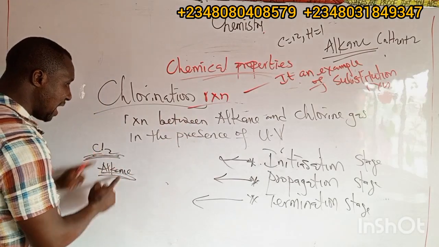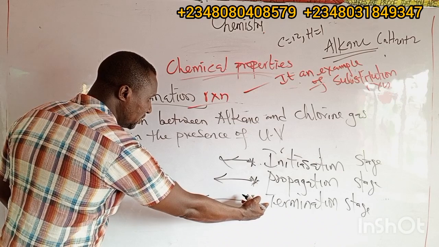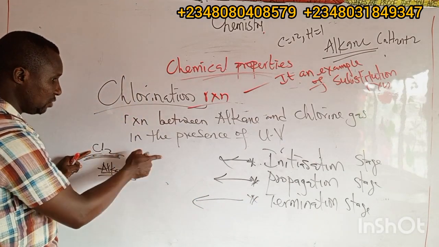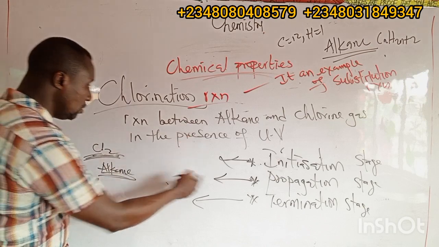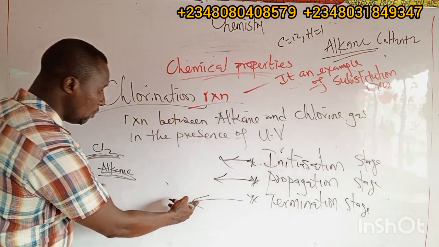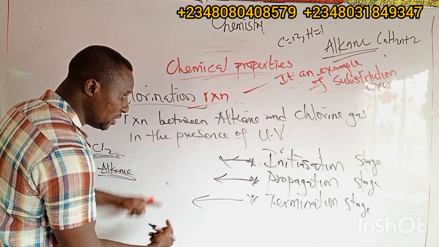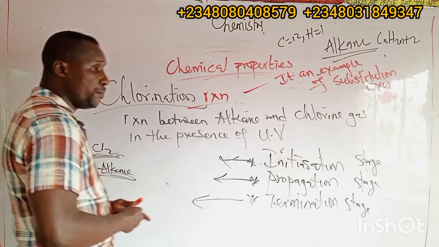Then when the two radicals combine together, that is the third stage. Chlorine gas splits into two to form radicals, the alkane loses one atom of hydrogen to form a radical, then the two radicals mix together to form the final product.